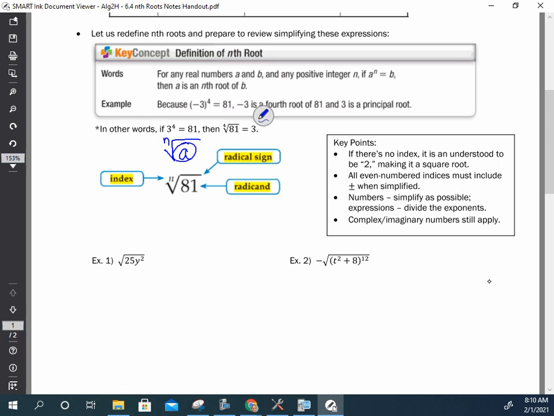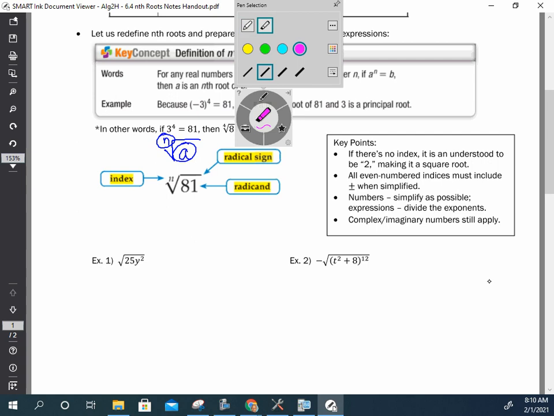So a is the radicand, that's the expression you're taking the root of. N is the index, what kind of root you're taking. So if there is no index, a couple of key points to keep in mind. If there is no index, it is understood to be 2, making it a square root.